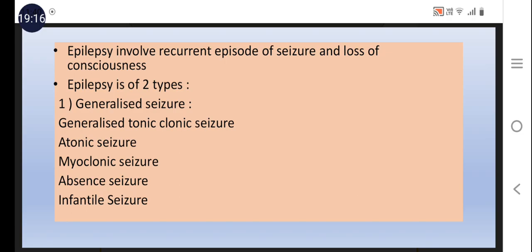In atonic seizure, the patient shows relaxation of the body for a prolonged time. In myoclonic seizure, the patient shows prolonged contraction of the muscles. Infantile seizures are found in infants, and absence seizure is a loss of consciousness in a patient for less than 30 minutes.